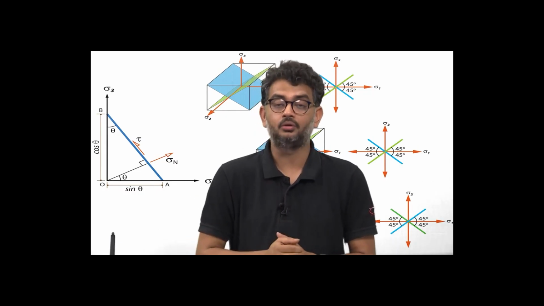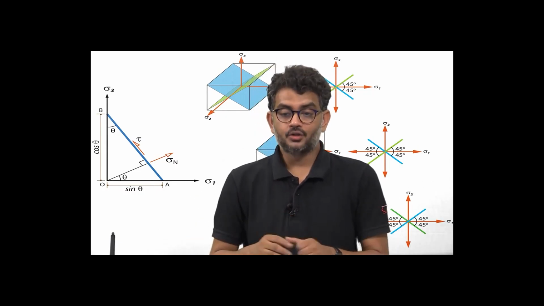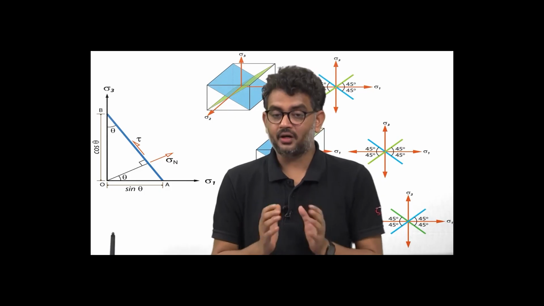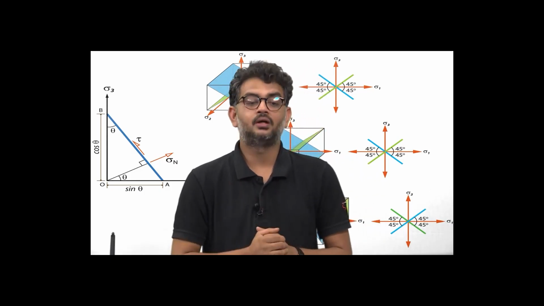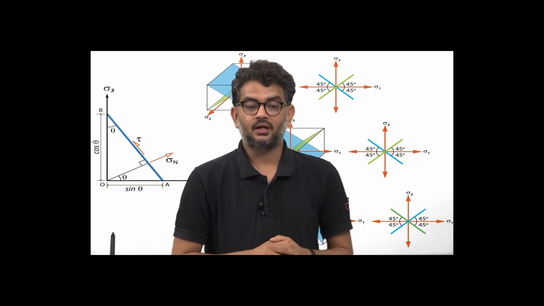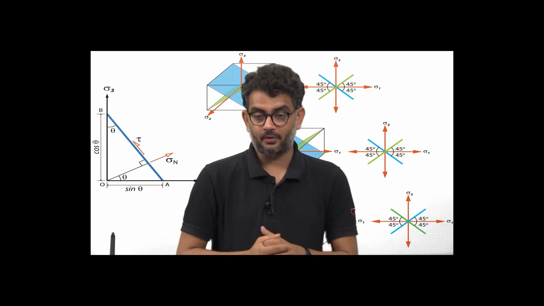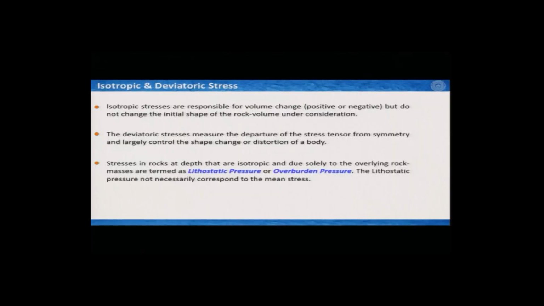Of course, I cannot go to 600 kilometers. So, this pressure due to the overlying rock mass is known as lithostatic pressure or overburden pressure, and it is important to understand these lithostatic pressures do not necessarily correspond to the mean stress.